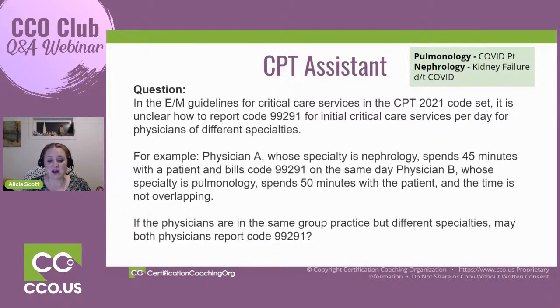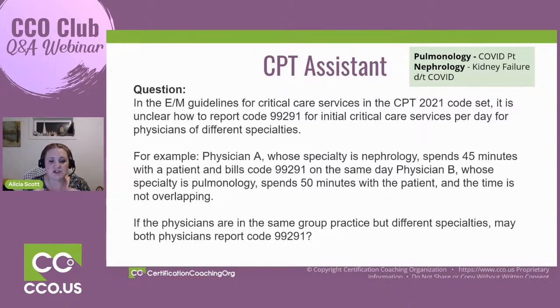Now, as of 2022, we can go up to 74 minutes for that parent code 99291, and then anything above that would be used. We could do the split share, and we could add on, because we either have to be in the same specialty or we can have two separate specialties working.